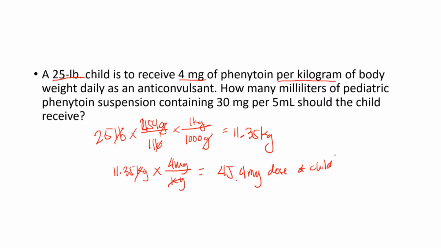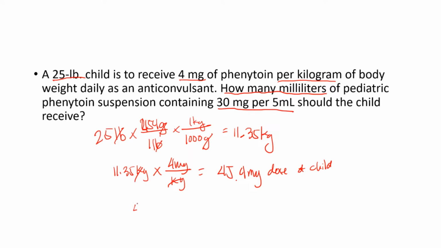Now, may sunod pang nakasulat, how many milliliters of pediatric phenytoin solution containing 30 milligrams per 5 ml should the child receive? So yung strength ng solution is 30 milligrams per 5 ml. Ang tanong, how many milliliters should be given? So madali lang yan. Multiply the dose times the strength, you will get the volume.